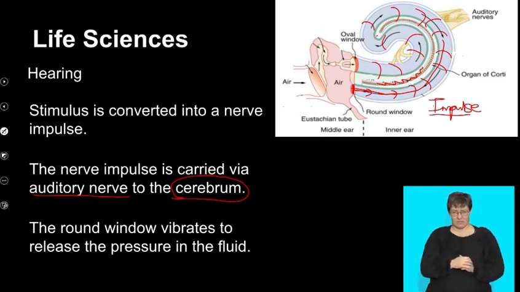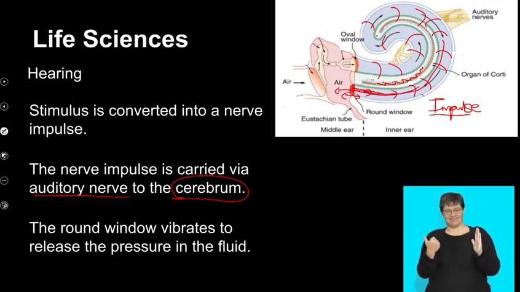You would have a very loud noise in your head and the sound wouldn't sound clear. So what this round window does is it starts to vibrate at the same frequency as the pressure waves, so that it's releasing the energy and it doesn't reflect back. It doesn't cause any trouble in the liquid, and you can hear nicely and clearly.